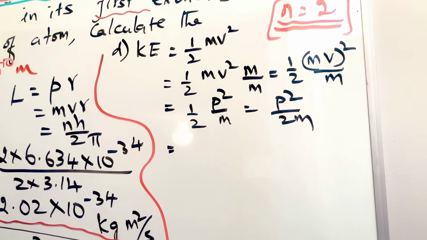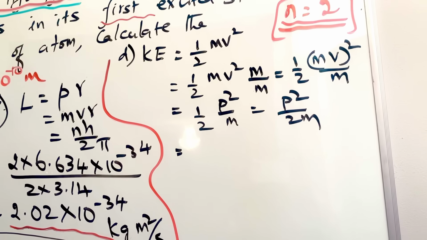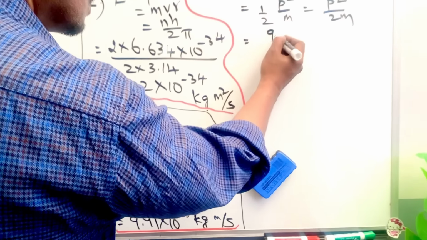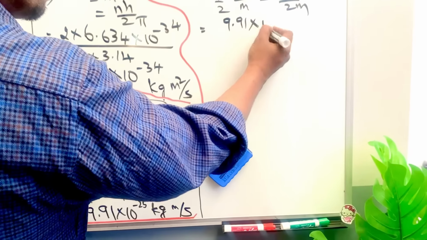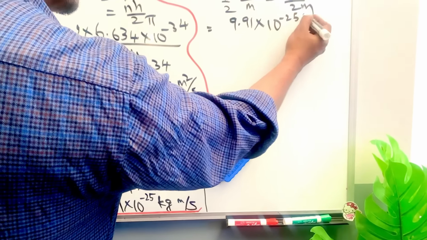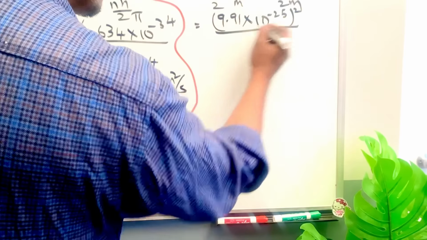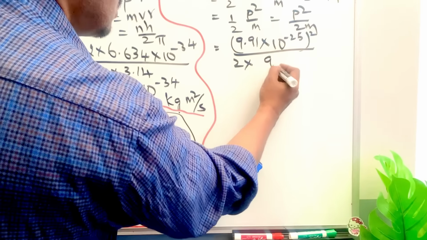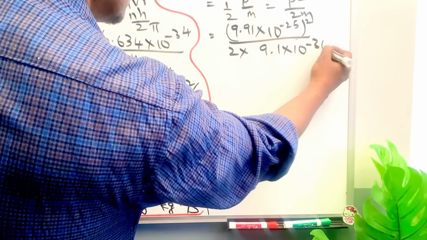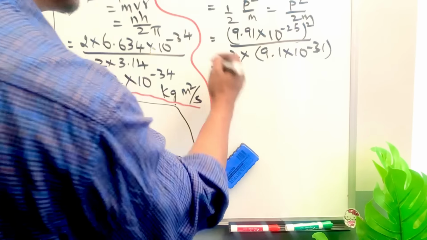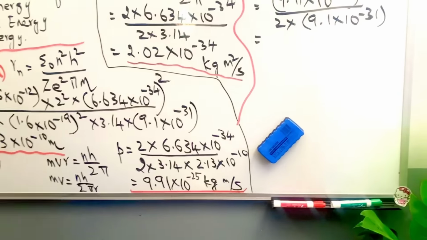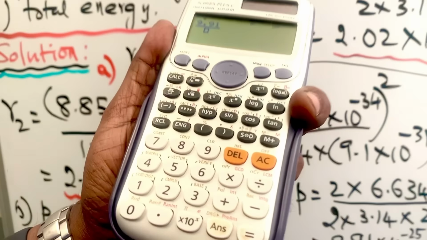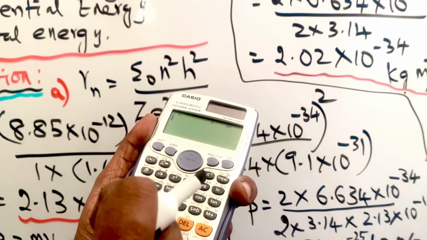So p is nothing other than linear momentum. The linear momentum we already calculated as 9.91 times 10 to the power negative 25, whole squared, divided by 2 times the mass of the electron, 9.1 times 10 to the power negative 31. You will get the answer, kinetic energy. So kinetic energy will be equal to 9.91 times 10 to the power negative 25. We have to put a bracket because we have a square there.